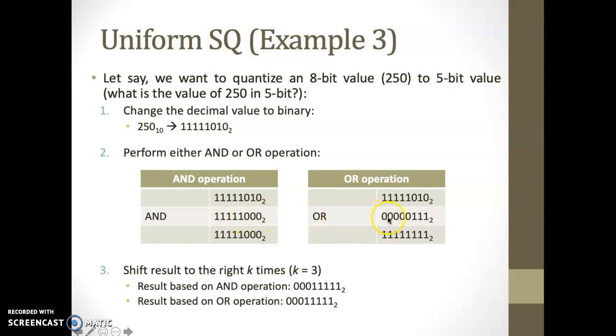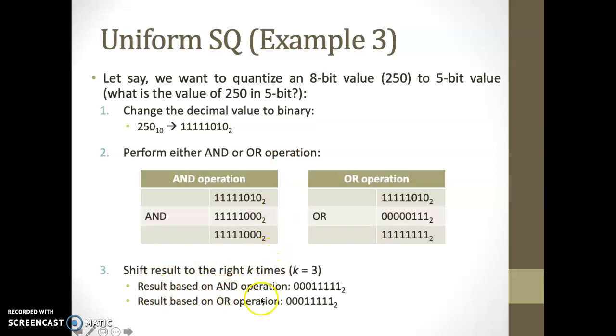If it is the OR operation, then you do the vice versa of the AND mask: 0 becomes 1 and 1 becomes 0. Then you do the OR, and then you do the AND. Once you get the result, you shift it K times. K now is 3, the number of bits that you want to reduce.